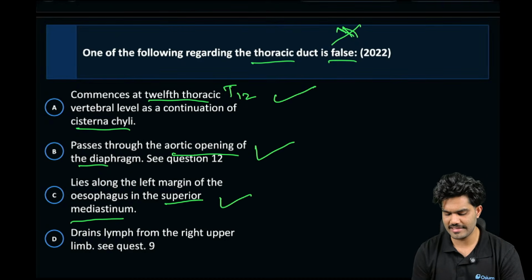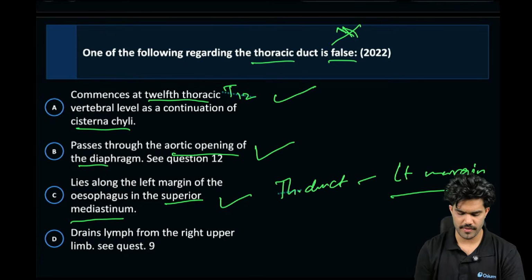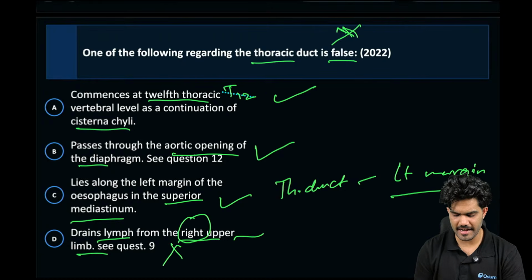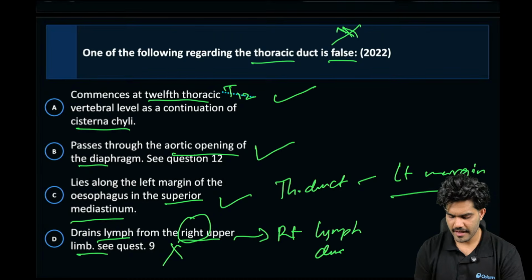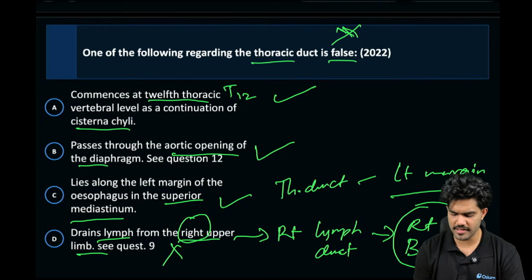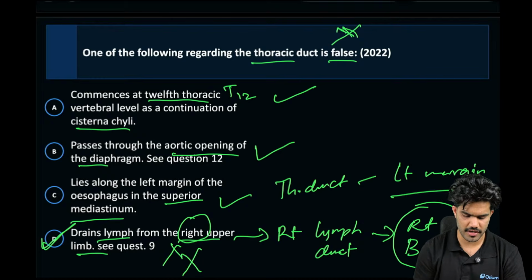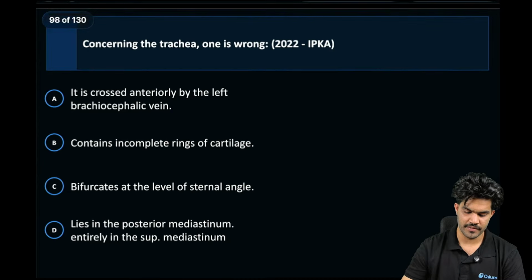Yes, thoracic duct means left side. So left margin, it's true. It drains lymph from right upper limb. No, right upper limb is drained through right lymphatic duct. Right lymphatic duct drains to right brachiocephalic vein. See, this will be the wrong answer. So the answer is D.